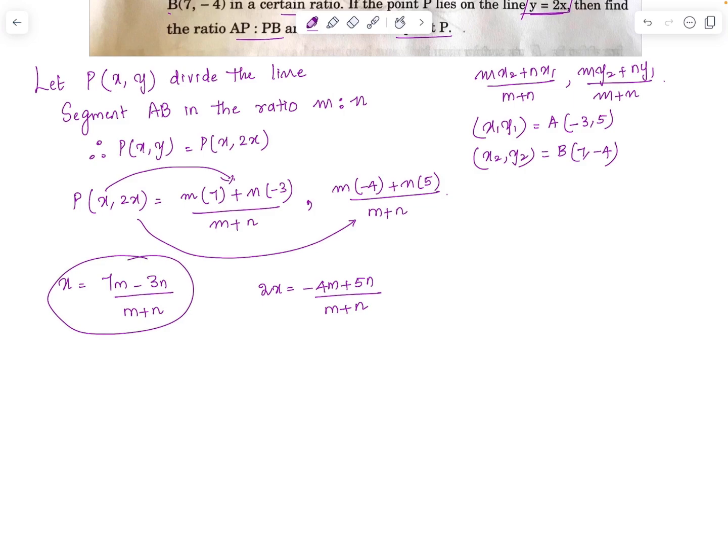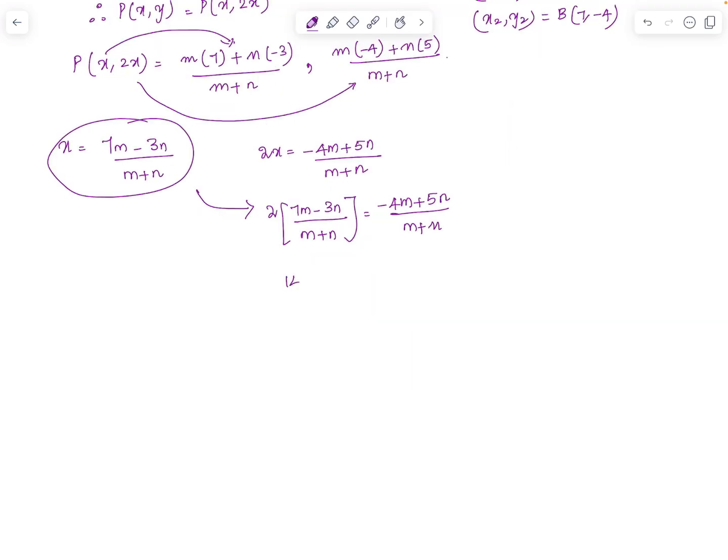Substituting the value of x in this, we get 2 times (7m minus 3n) upon (m plus n) is equal to (minus 4m plus 5n) upon (m plus n), which is (14m minus 6n) upon (m plus n) is equal to (minus 4m plus 5n) upon (m plus n).